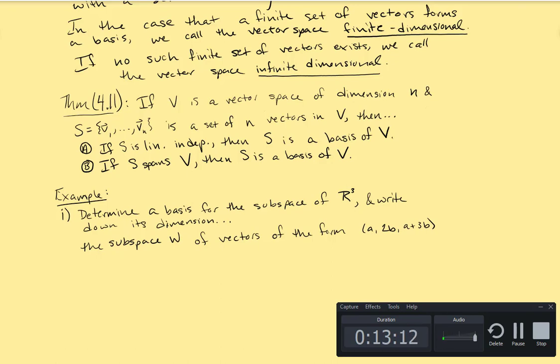We won't write it, but since we're in R3, let's say it's implied. So we want to determine a basis for the subspace of R3 and write down its dimension.